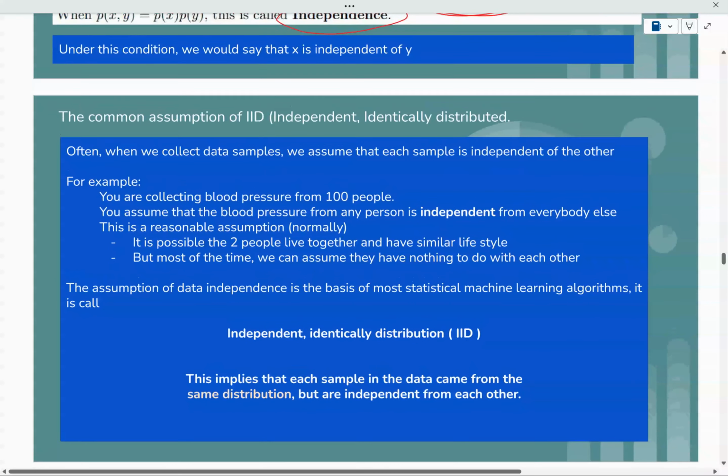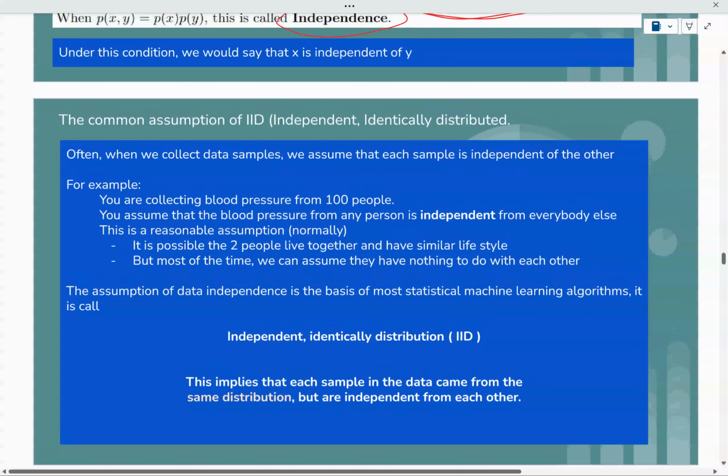All right. So when we collect data, there is a strong assumption we tend to make, which is called the IID assumption. The IID assumption means that the data are independent and identically distributed. Often we collect data such as, let's say, the blood pressure from 100 people.